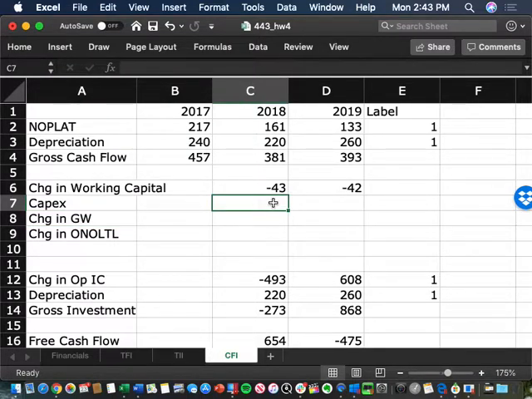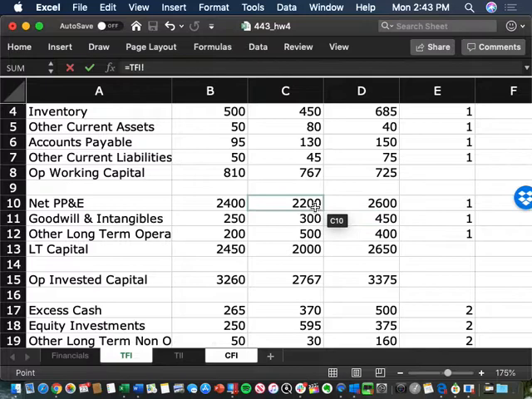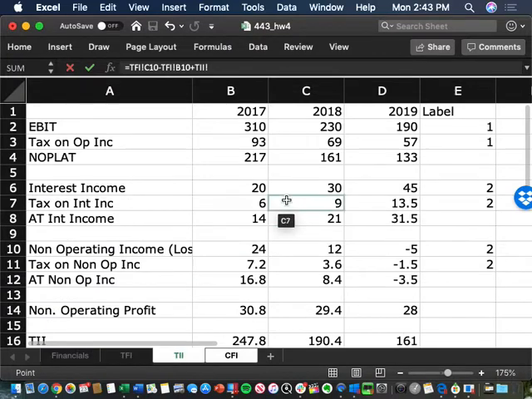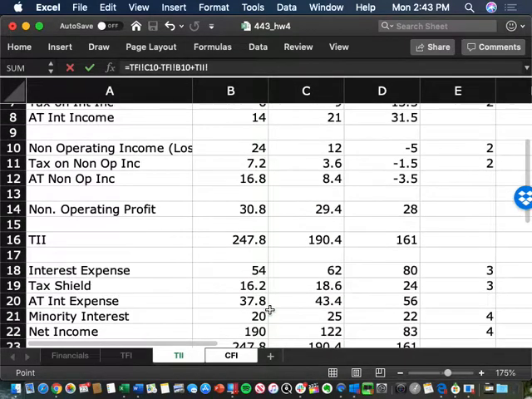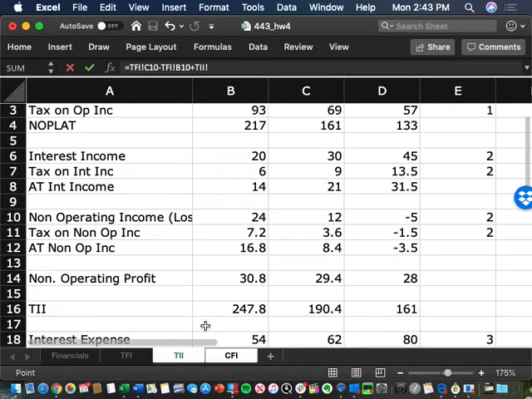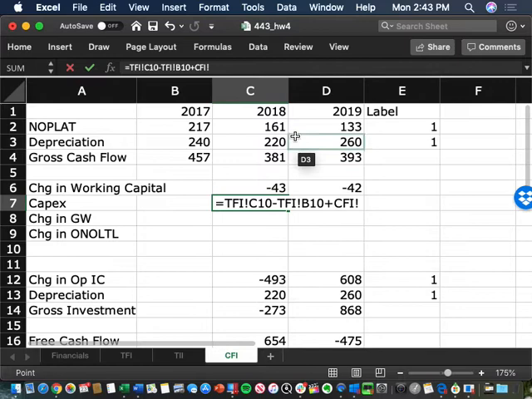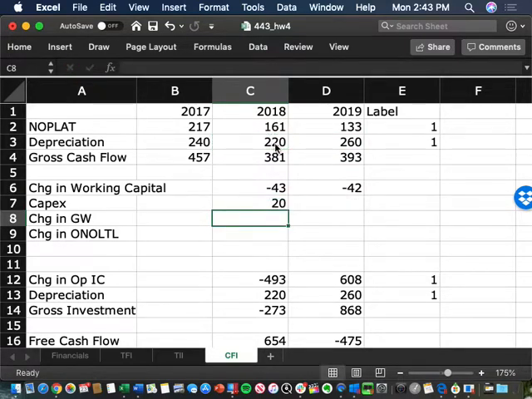Ending PP&E minus beginning PP&E plus depreciation. Sorry, plus, there it is, depreciation.